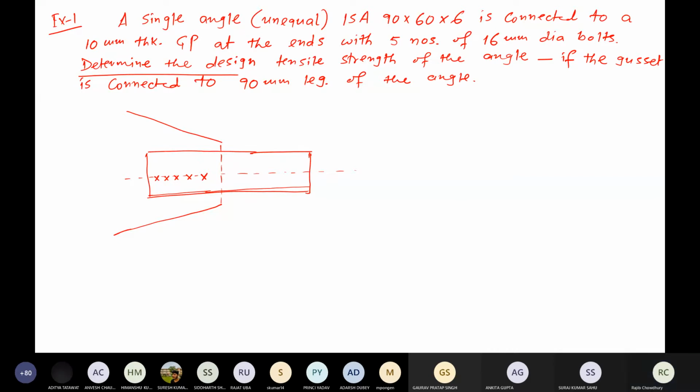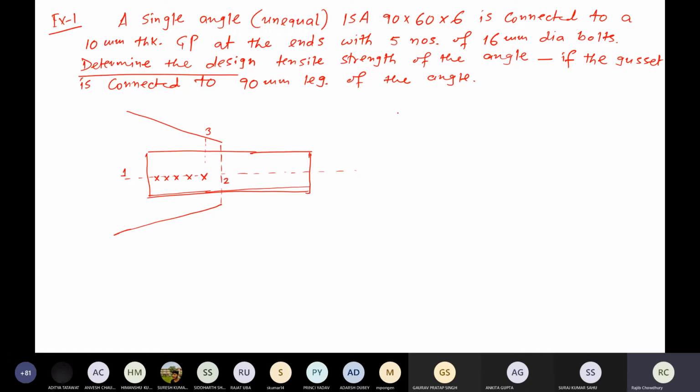Let me define this line. This is 2 and this is, let's say, 3.